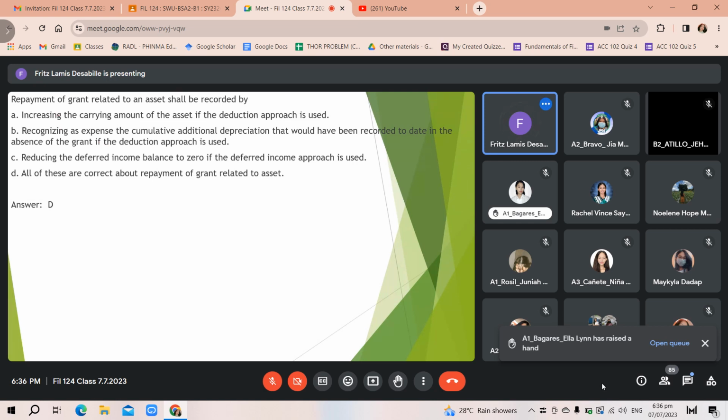So first nga himuon is we increase the carrying amount if the deduction approach is used. Nya after ana i-increase pud nato ang additional depreciation. So more or less guys, ang ginahimo ani is it just cancels the effect sa grant. Cancel the effect of the grant.